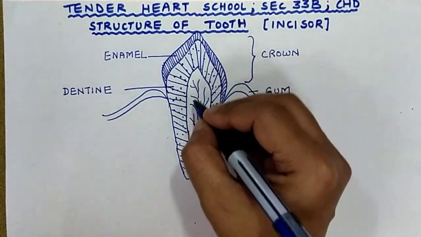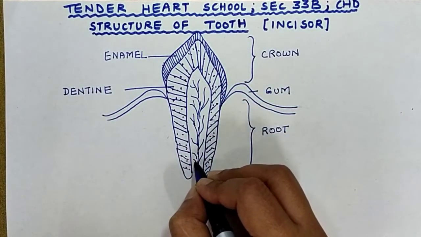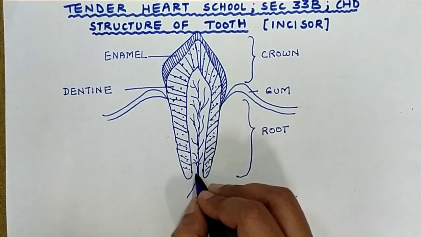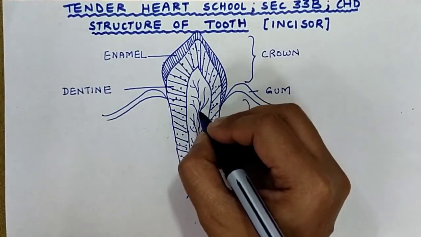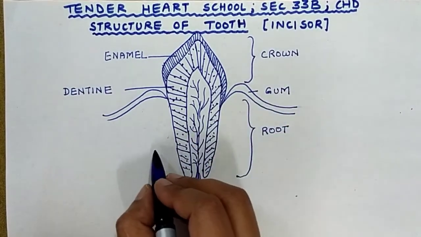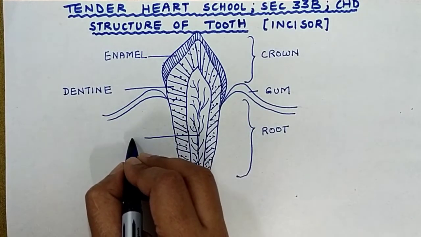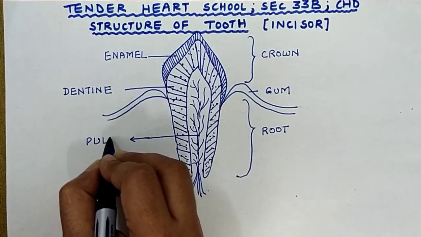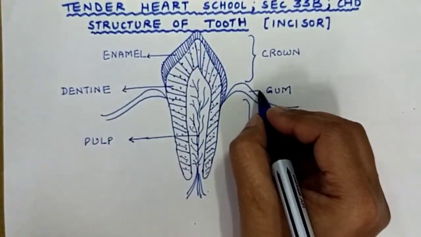So this whole thing is a pulp cavity which is containing this pulp, right? So this is our pulp region, central pulp. Right?